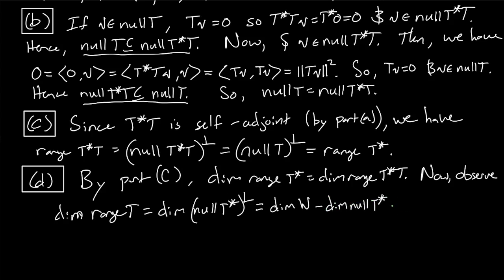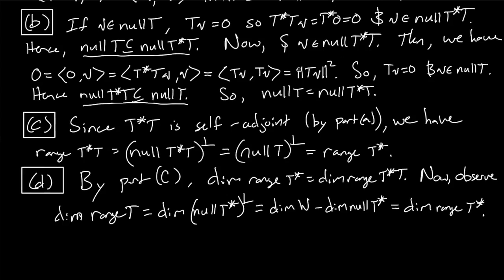Okay, but wait a second. By the fundamental theorem of linear maps, I have dimension of domain minus dimension of null space. That's dimension of range T star. Oh, so the dimension of the range of T is equal to the dimension of the range of T star. And we already know the dimension of the range of T star is equal to the dimension of the range of T star T, since those two are in fact equal. So we are done. Nice.